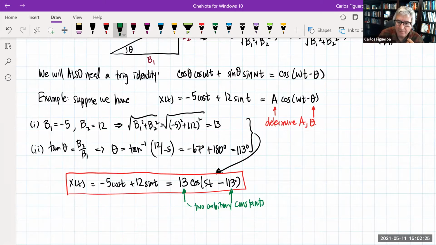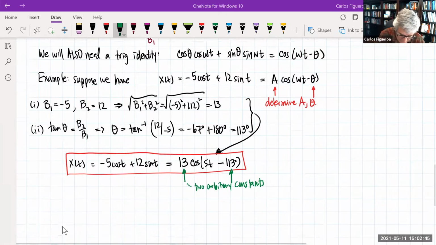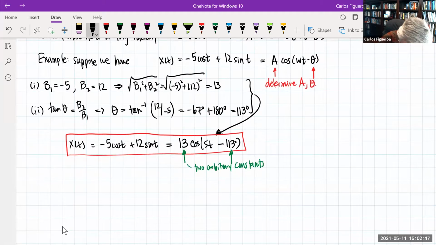Now that we've done that, I want to remind you that, in summary, there's a way to move from solutions of one form into another. In other words, I can have a solution that looks like this.